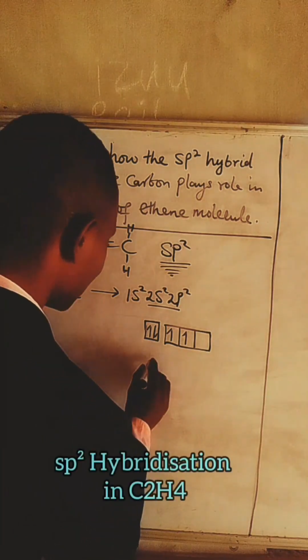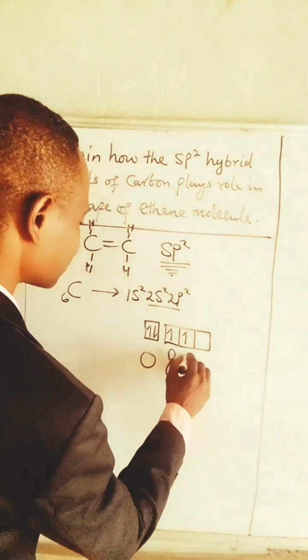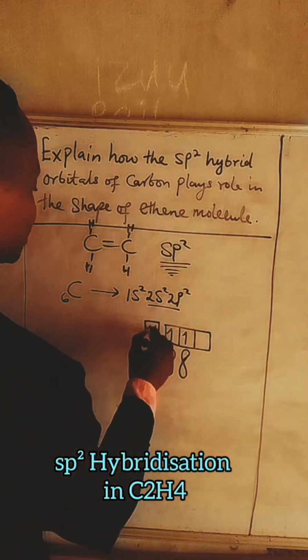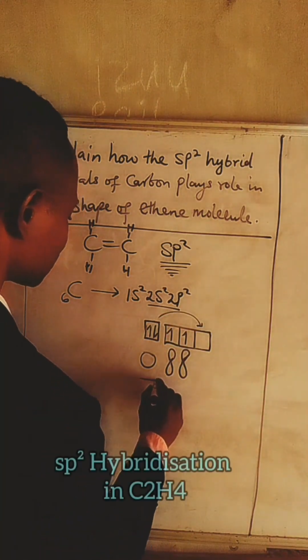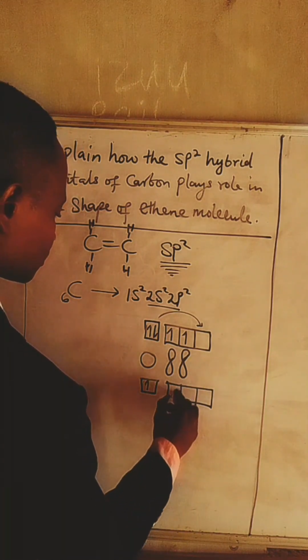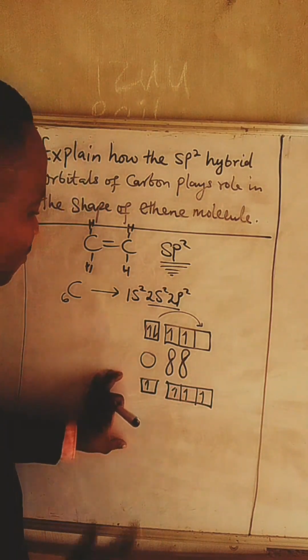Now this is the s shape, and these are p orbitals that have dumbbell shape, and this is the empty p orbital. One of these electrons will be promoted, and we now have something like this. So this is the excited state of carbon, which is ready for hybridization.